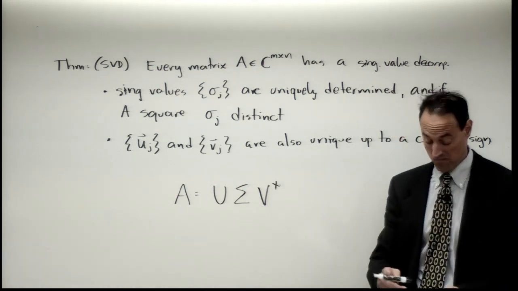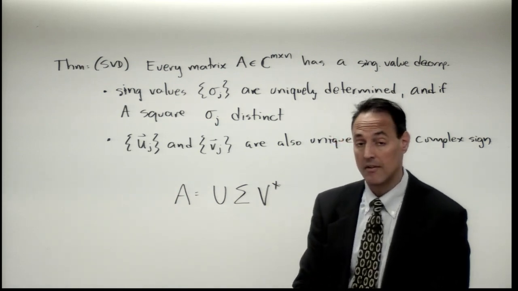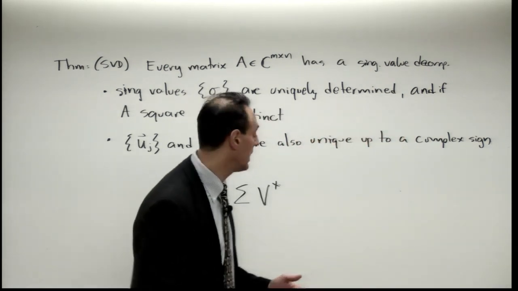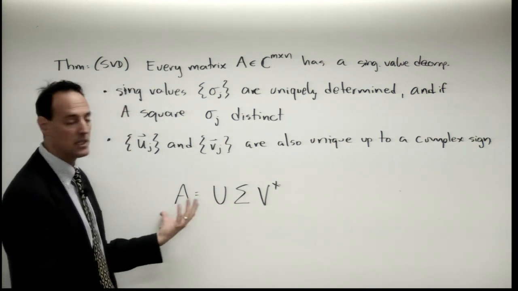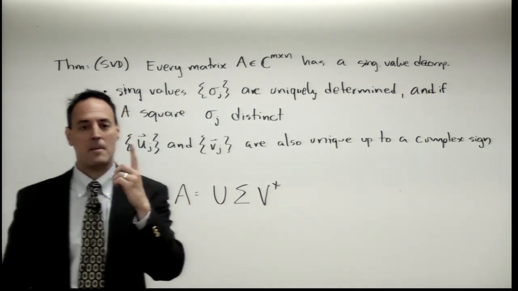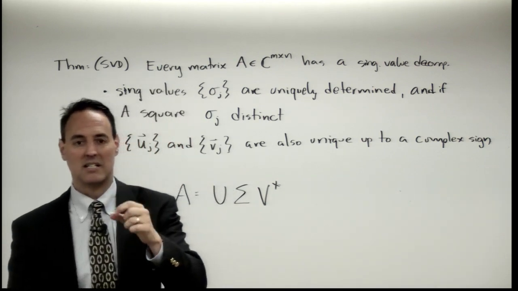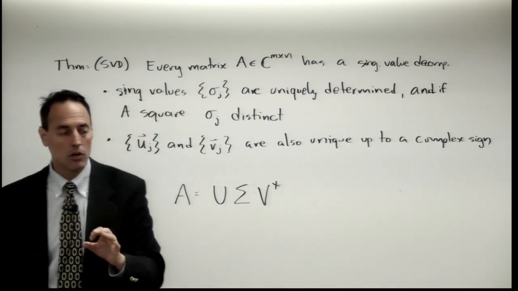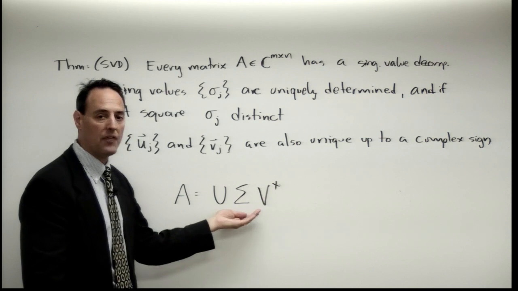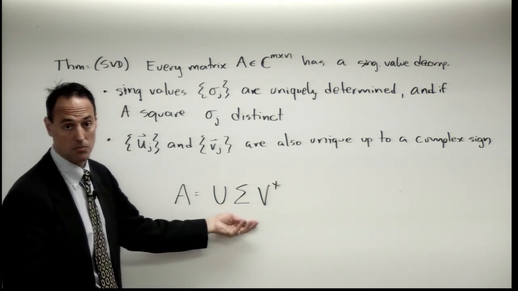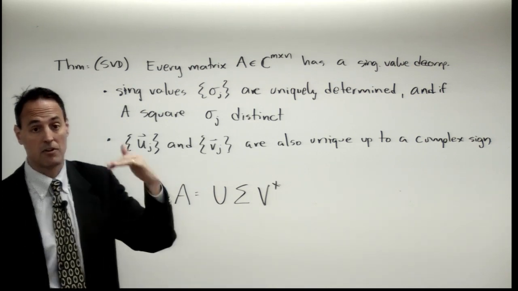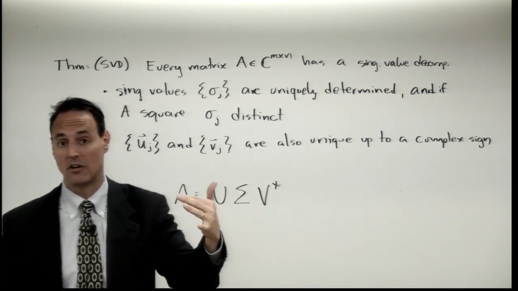From the simple example I gave at the beginning of class, you know that's all it does. So here's a formula for doing it, and you're always guaranteed to do this. But what you can do with this thing is magic. What we're going to learn in the next couple of lectures is what this can do for you in terms of solving data analysis problems. That will be the topic for the follow-up lectures on the singular value decomposition.